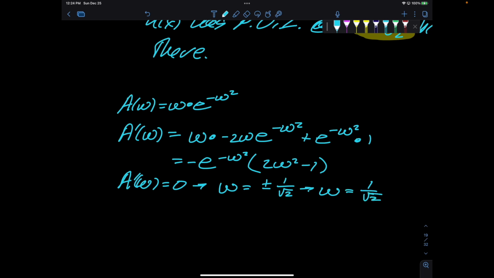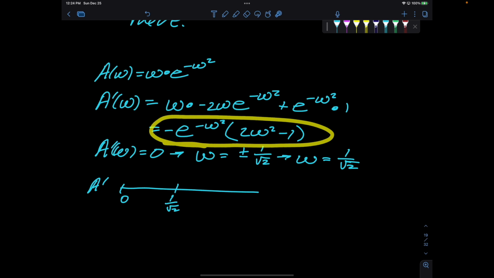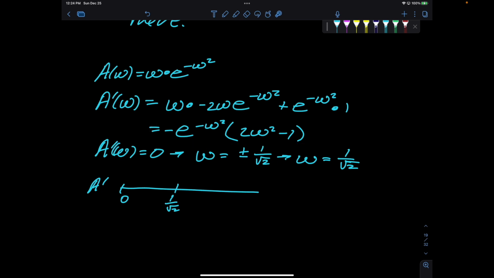How are we showing that this is a maximum? First of all, I think this is only from 0 to infinity. So let's do a sign chart for A prime: 0, 1 over root 2, and forever. If we plug in, I don't know, 1 over a million, this will be negative, this will also be negative, so we get positive.